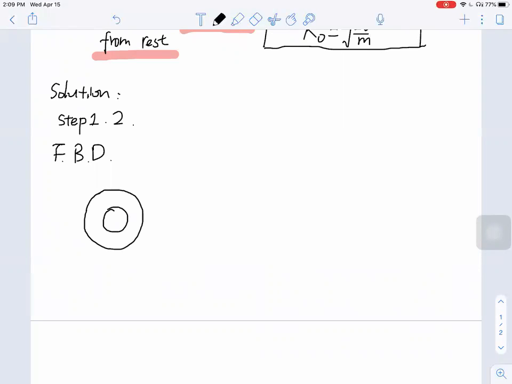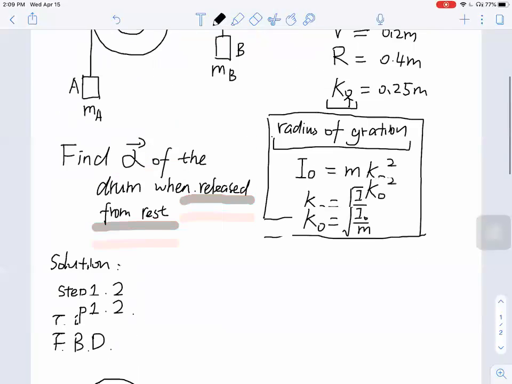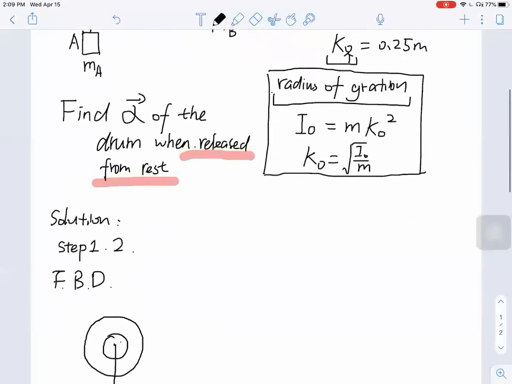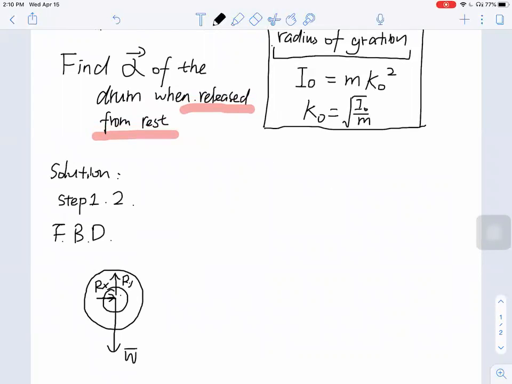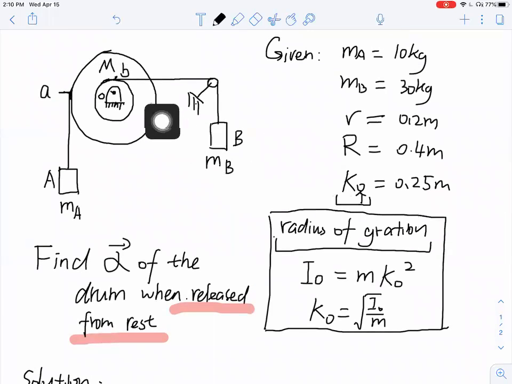The center of mass is at point O, and the drum itself has a weight force, also at the center, point O. If you look at the problem statement, O is fixed there, and the whole drum is rotating about O. So we need to have reaction forces there: Ry and Rx. Besides the weight force and reaction forces, we also know the drum is attached with two cables.